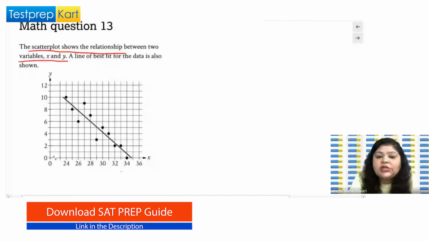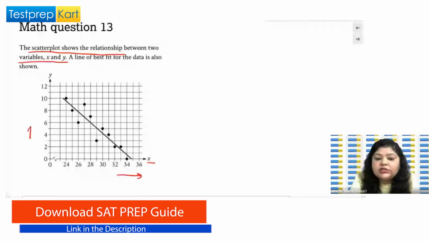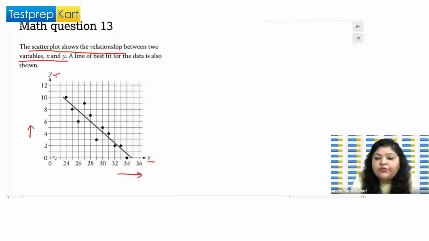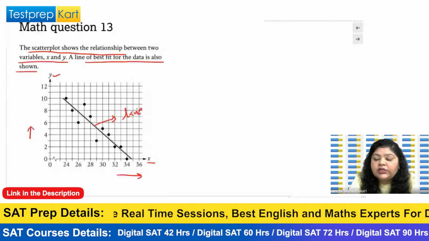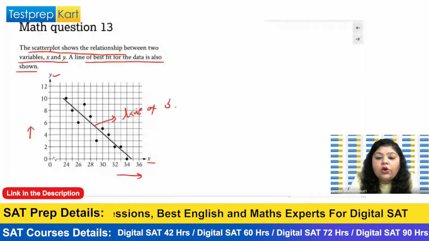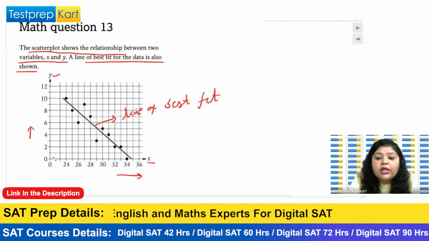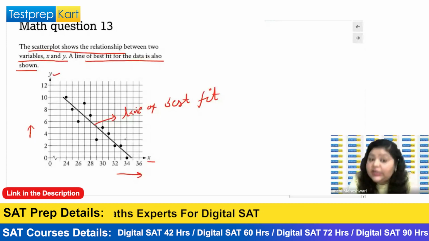So see here, on the x-axis, of course, the variable x is mentioned, and on the y-axis, the variable y is mentioned. This scatter plot shows the relationship, and the line of best fit for the data is also shown. So see, this straight line is called the line of best fit. The dots given here represent the actual data.